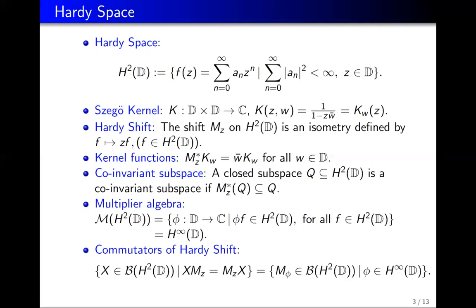We need this characterization also. It tells you that if you take a bounded operator on the Hardy space, and if it commutes with this distinguished isometry, the Hardy shift M_z, then these are all operators of the form M sub phi, the multiplication operator associated to a multiplier.